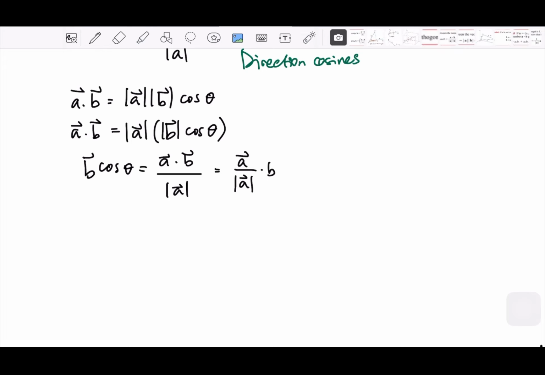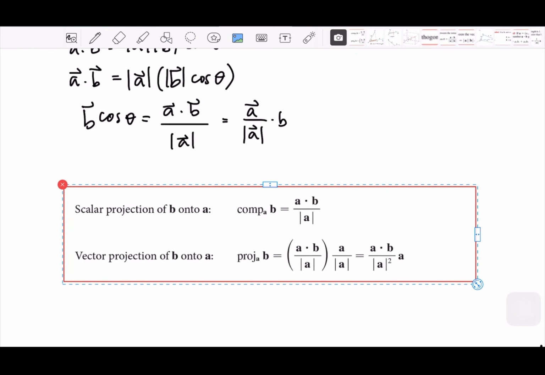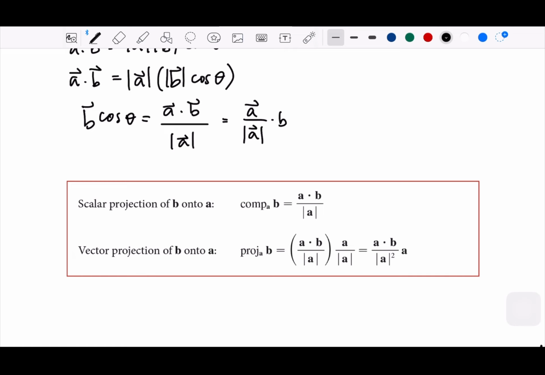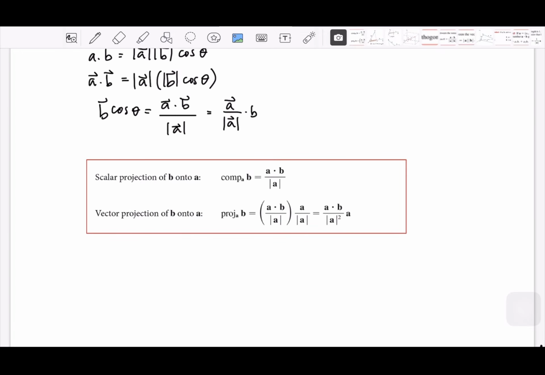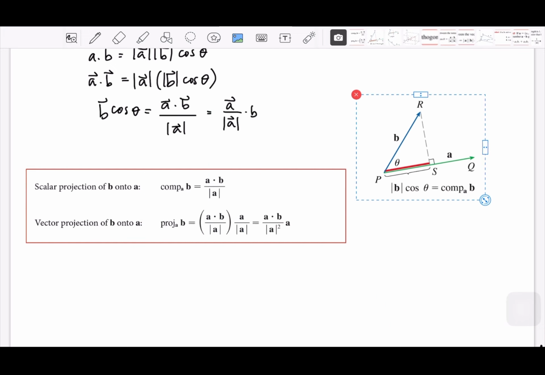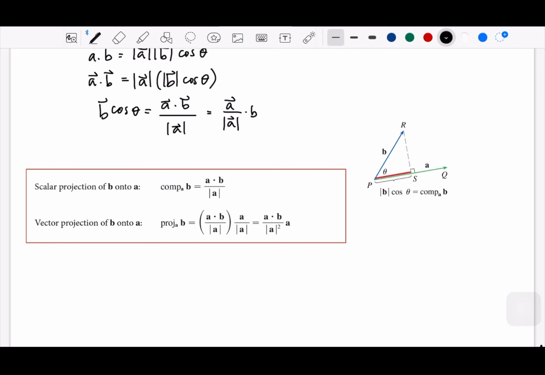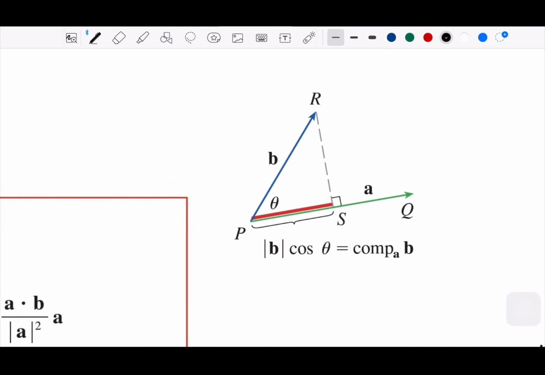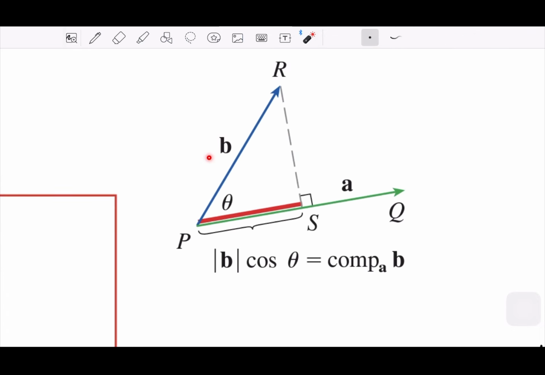Let me write first what the idea is: scalar projection of B onto A. So let's say this is B, and this is A. We project this B, goes there, so we are going to have this component of B onto A. But we are going to focus only on the scalar side.